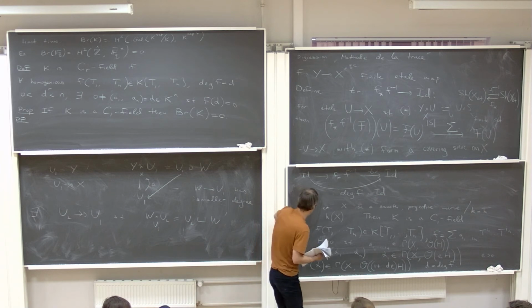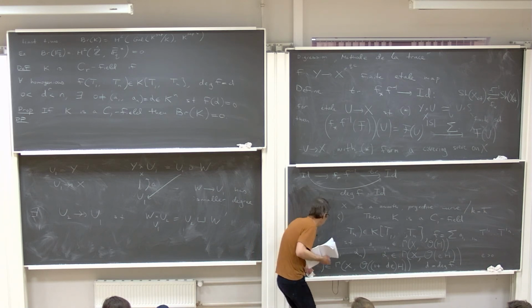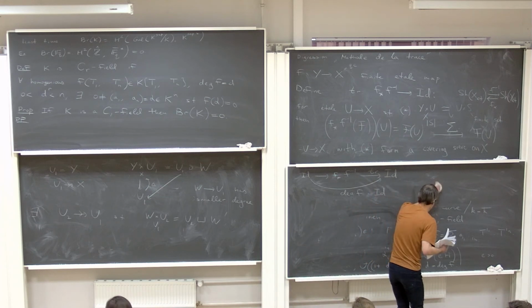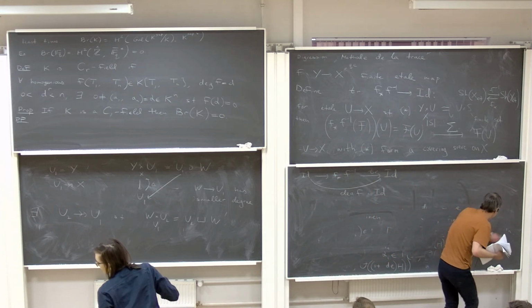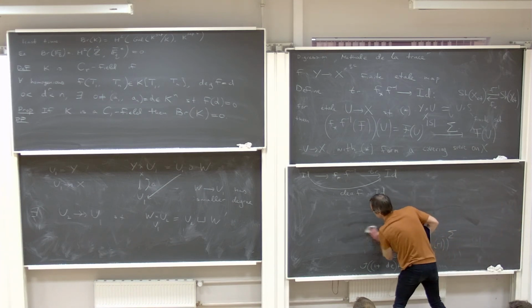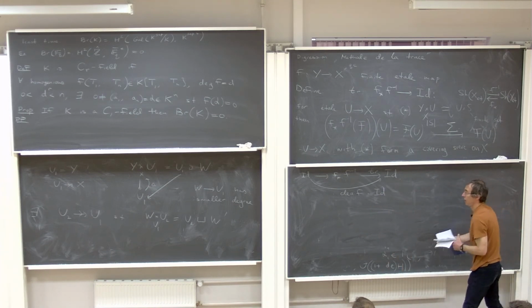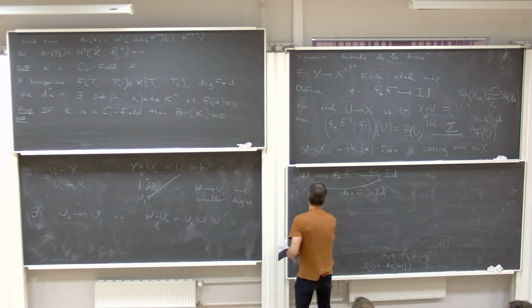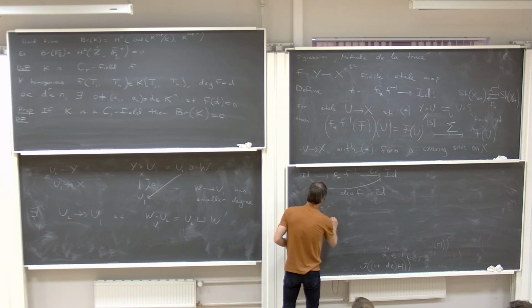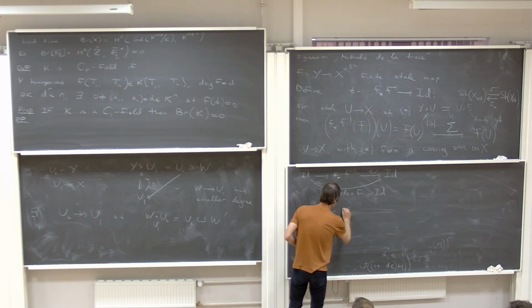Okay, and why is it useful for us? Suppose we have any sheaf F. I can consider cohomology of this sheaf.